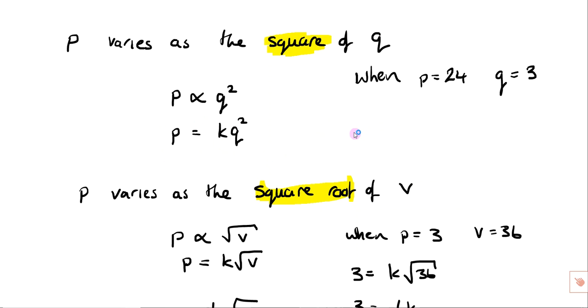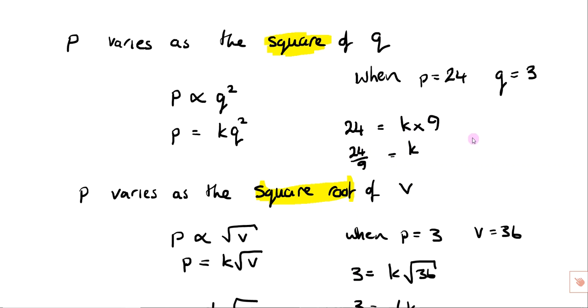Using this one we would say 24 equals K times 9, because 3 squared is 9. Okay, so therefore K is 24 over 9.